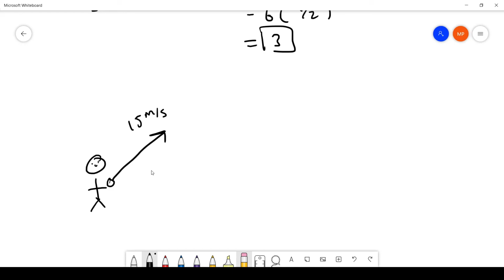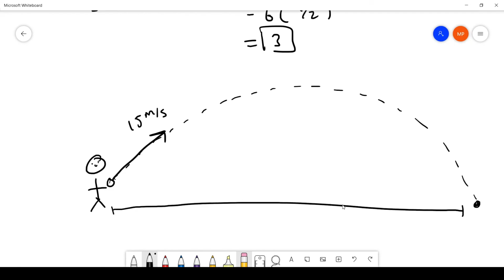What we want to then do is figure out, okay, well, what's this trajectory going to look like, right? Because realistically, this is going to keep going, but then gravity is going to bring it back down, and it's going to plop somewhere, like somewhere over here. And we might want to say, okay, well, how far is that distance? Well, we can't just know the speed that the ball's thrown at.